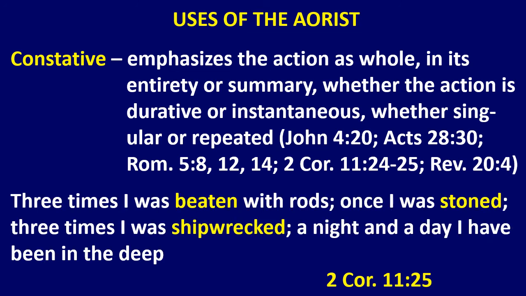The next verse also is the constative use of the aorist verb, where Paul says, "Three times I was beaten with rods." The word beaten is aorist. "Once I was stoned," again the verb is aorist. "Three times I was shipwrecked," and again aorist. "A night and a day I have been in the deep." So beaten three times, stoned one time, shipwrecked three times, and yet Paul's looking back on all those events, which were repetitive events in terms of action type.